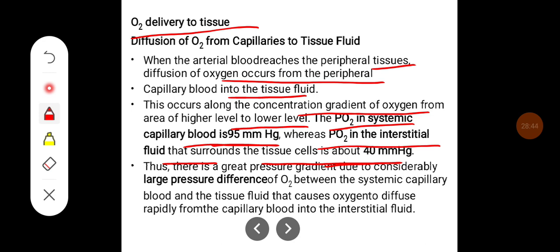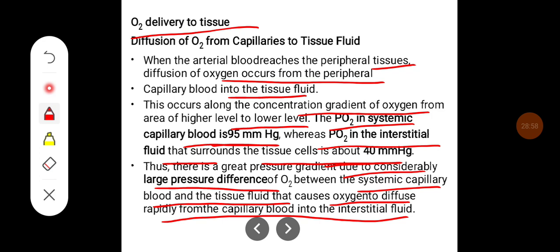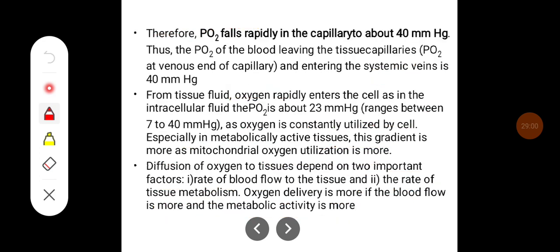Thus, there is a great pressure gradient due to the considerably large pressure difference of O2 between systemic capillary blood and the tissue fluid that causes oxygen to diffuse rapidly from the capillary blood into the interstitium. Therefore, PO2 falls rapidly in the capillary to about 40 mm of Hg.